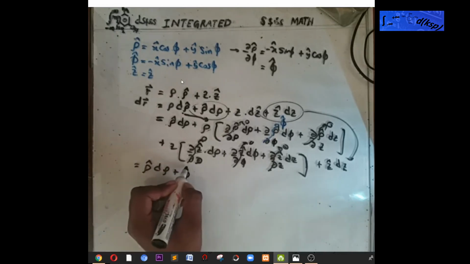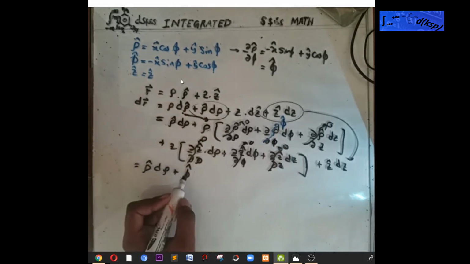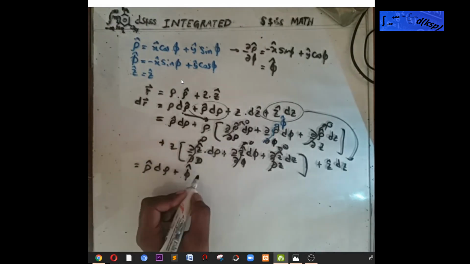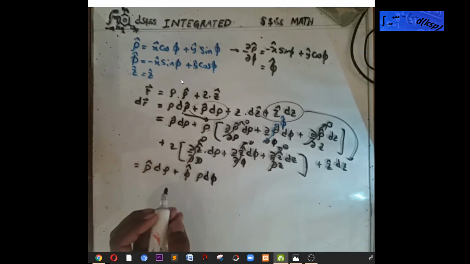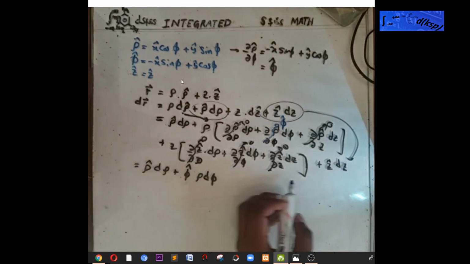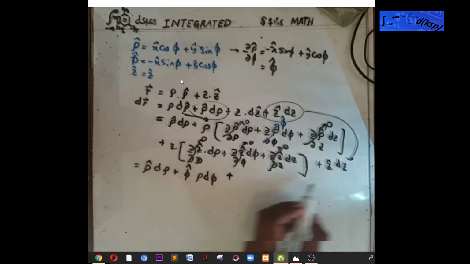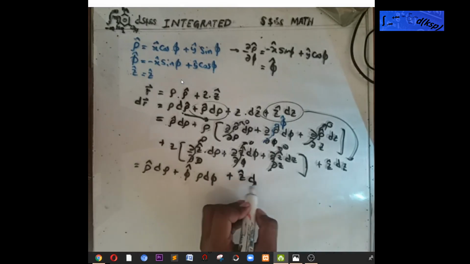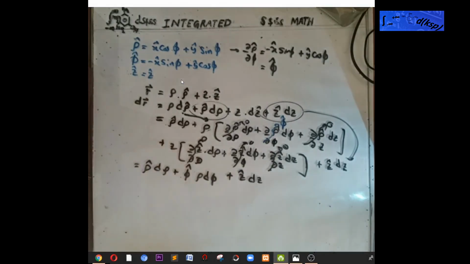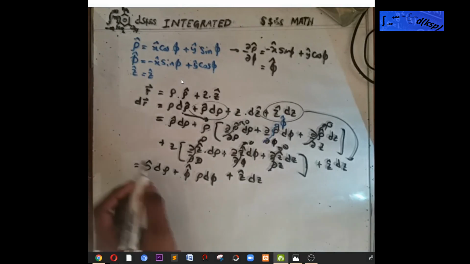That's why I write it this way: rho times d phi, plus z hat times dz. Keep it in your mind.